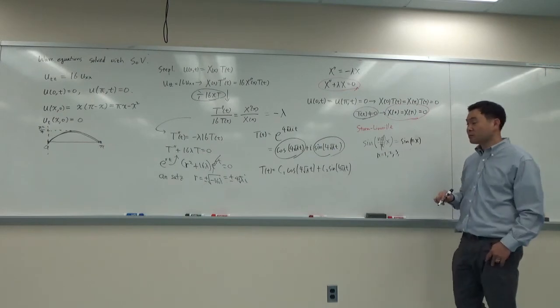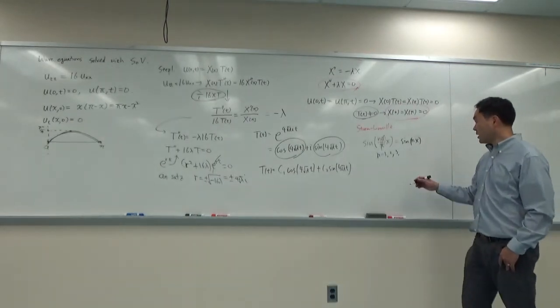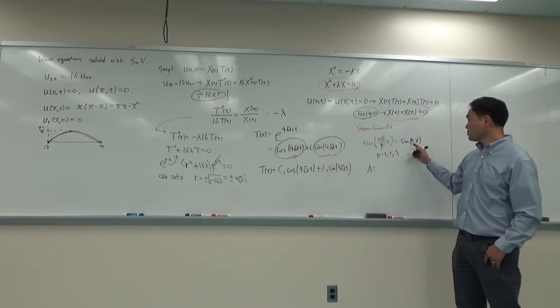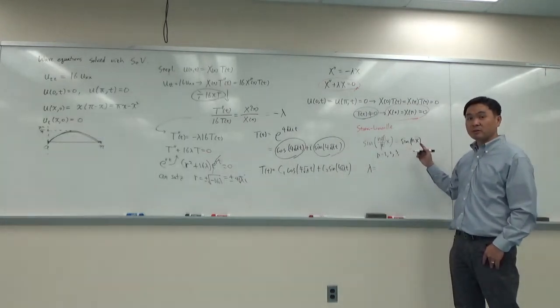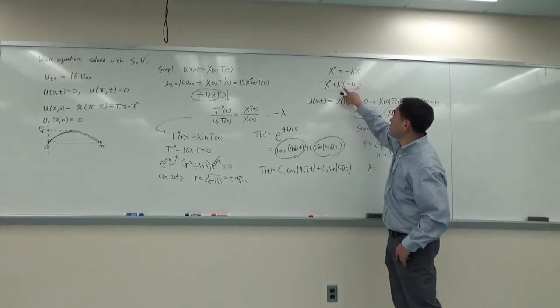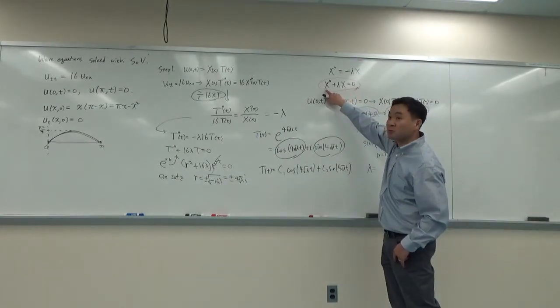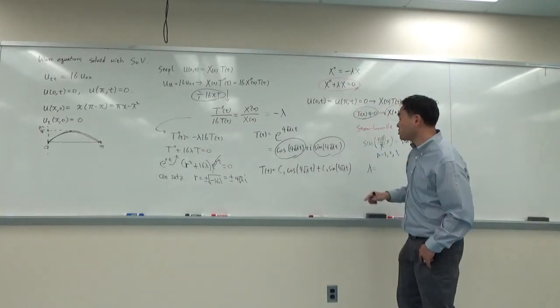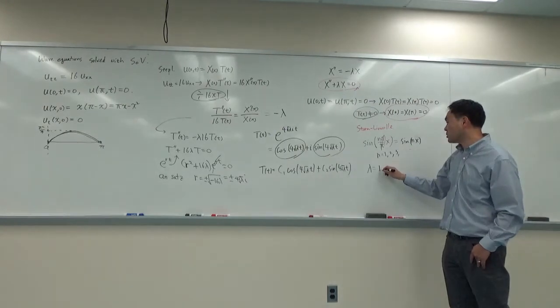And lambda, you differentiate this twice to get the lambda value. If you plug this in, differentiating twice, n squared will appear, and that has to cancel with this one, so you see that lambda must be n squared.